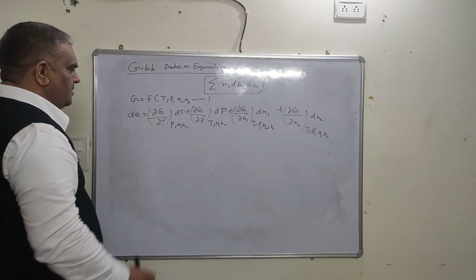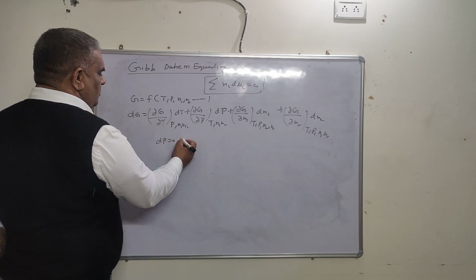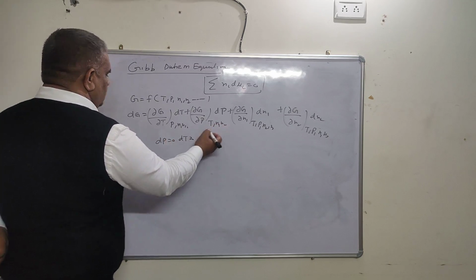When the temperature and pressure of the system are constant, dP equals 0 and dT equals 0, so those terms all become 0.